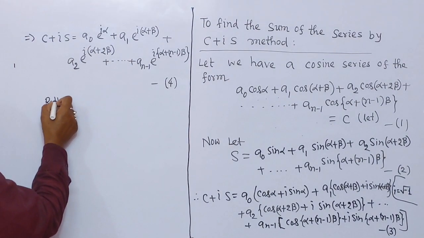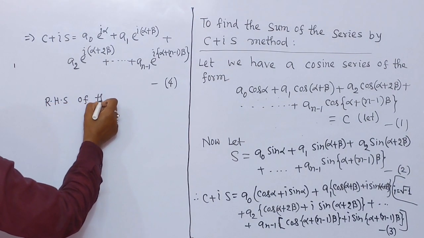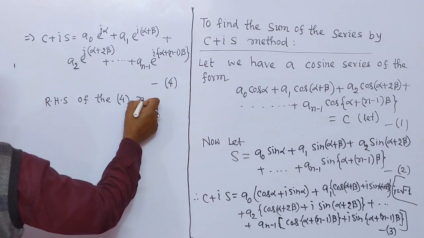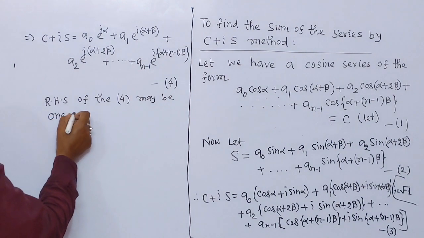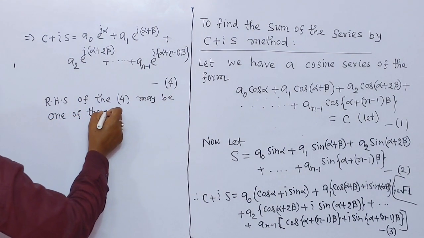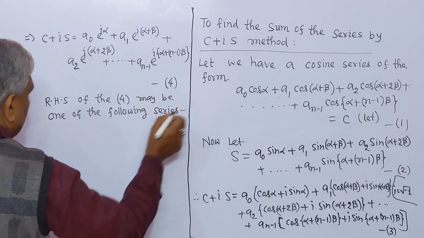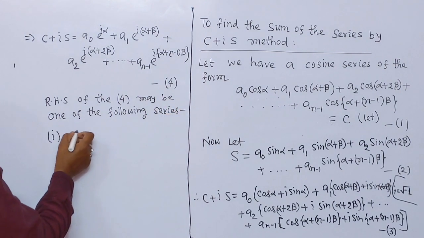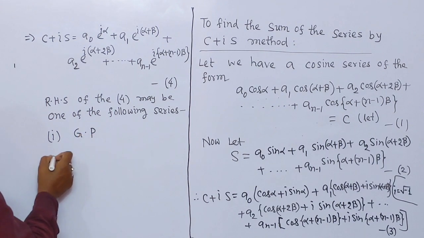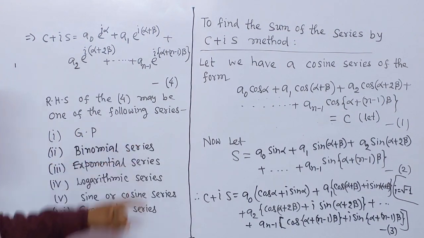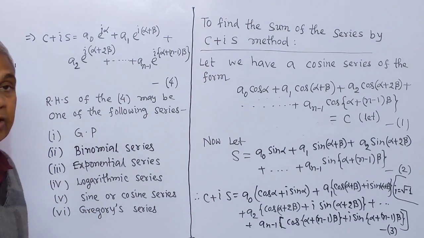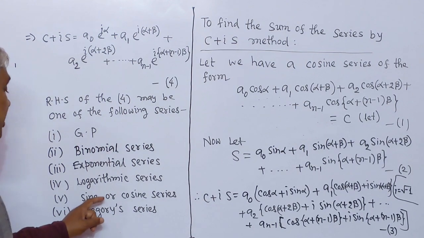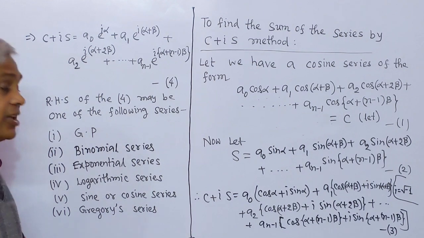The right hand side of 4 may be one of the following series: number 1, series in GP; number 2, binomial series; number 3, exponential series; number 4, logarithmic series; number 5, sine or cosine series; number 6, Gregory series.